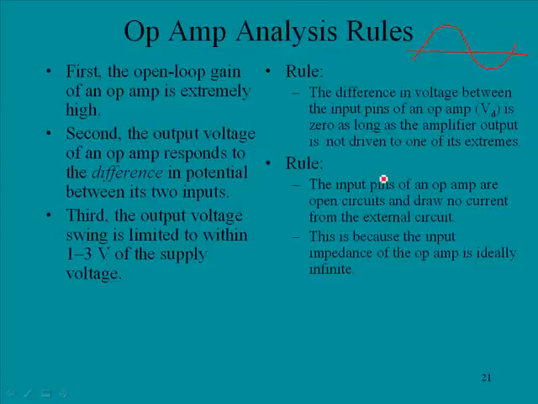Second rule, the input pins of an op-amp are open circuits and draw no current from the external circuit. So if we apply a voltage to the op-amp, the impedance is so large that no current will flow into the op-amp. And again, this is because the impedance of the op-amp is ideally infinite.